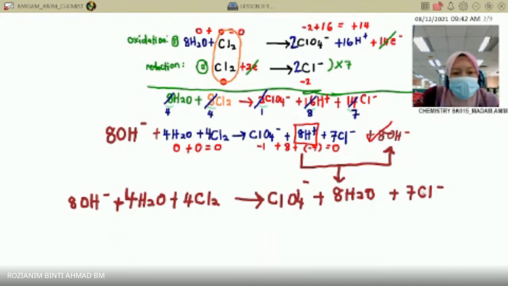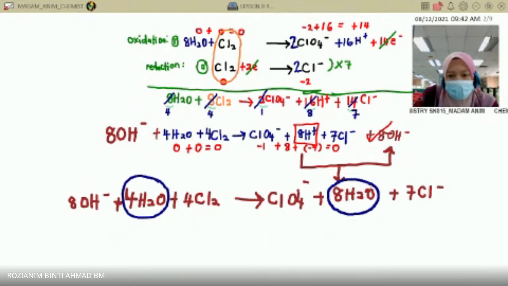Okay, kita check the coefficient number. Can we divide by the smallest number? Cannot. Okay, lepas tu kita nak check apa? Species yang sama. Left hand side consists 4 mole for water. Right hand side 8 mole for water. So maksudnya you must be minus them. The largest minus the smallest. So mean 4 sebelah left hand side akan habis. 8 ni akan tinggal 4.